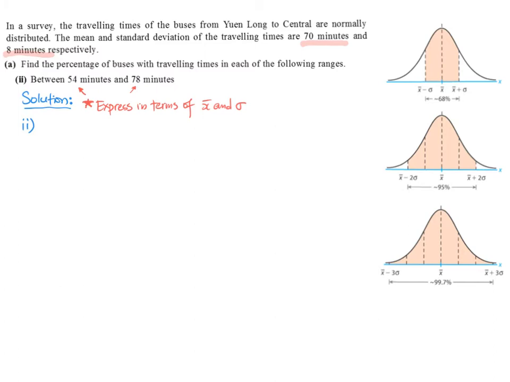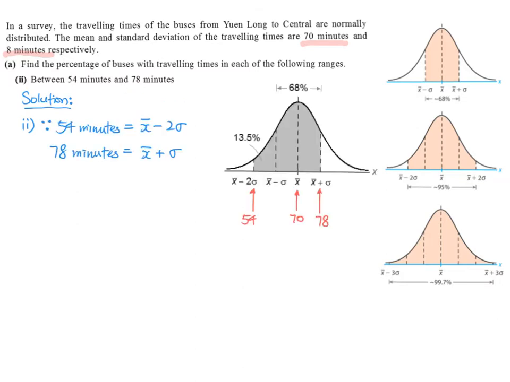So what about 54 minutes and 78 minutes? What's that percentage? Again, we express these two numbers in terms of mean and standard deviation. We recognize that 54 is 2 standard deviations below the mean and 78 is still 1 standard deviation above the mean. We could get this number for this portion by using the 95% here.